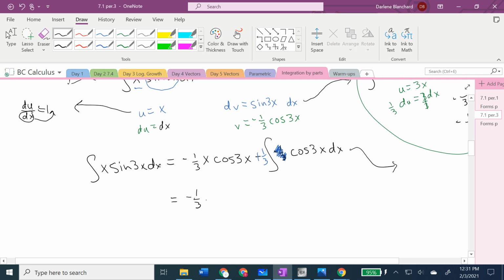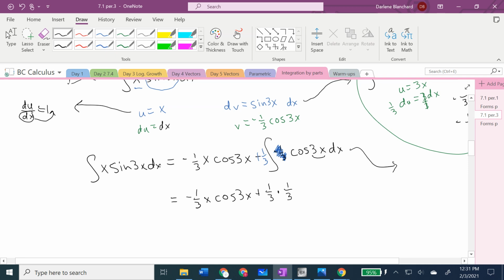I have what was already found from the formula. I have my constant multiple times. When I integrate with the u substitution of 3x, I'm going to get an extra 1 divided by its derivative.